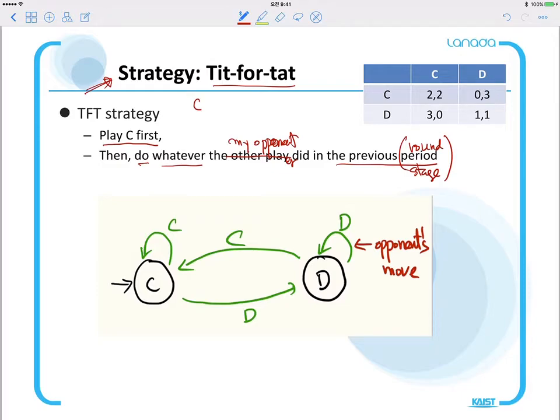Okay, this is player 1 and this is player 2. Suppose that player 1 is using Tit for Tat, and suppose that player 2 is choosing the D D D D D strategy.